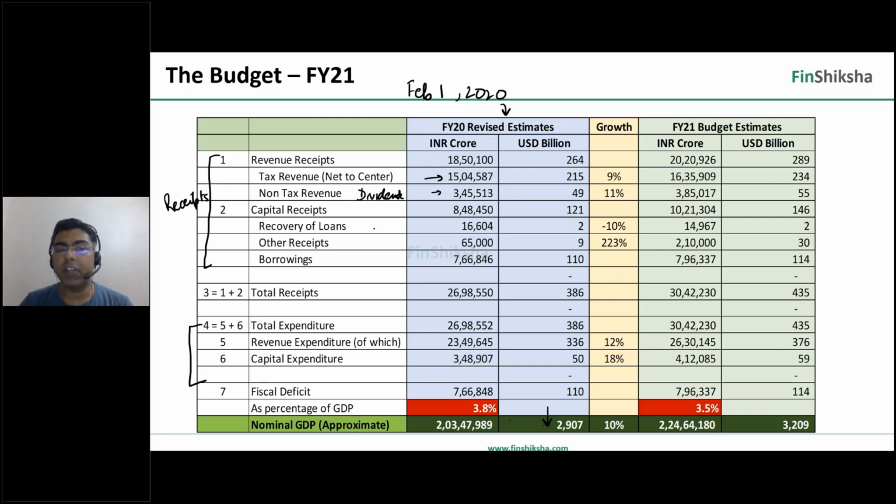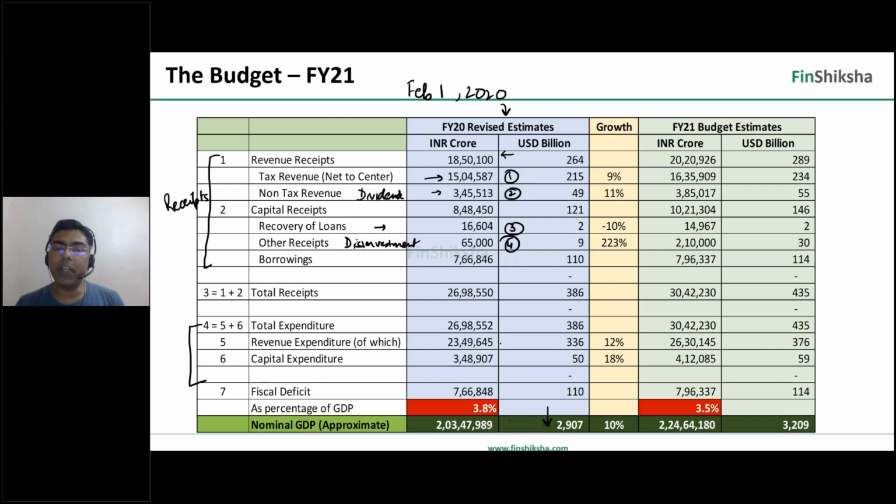In capital receipts, you had recovery of loans and other receipts. Other receipts is nothing but disinvestment proceeds, right? So that was expected to be 65,000 crore. You add 1, 2, 3, and 4, you find the total receipts that the government is going to get. That's this number, this plus these two, correct?